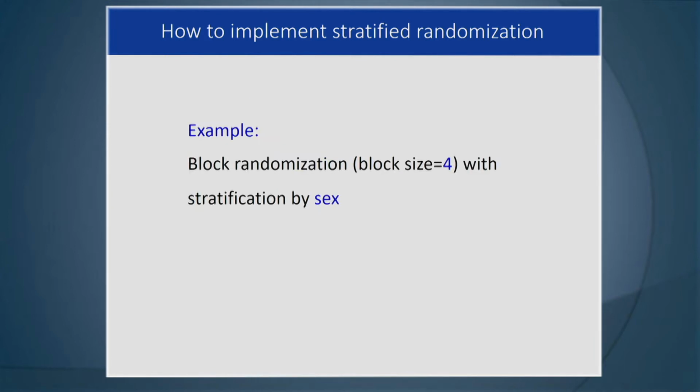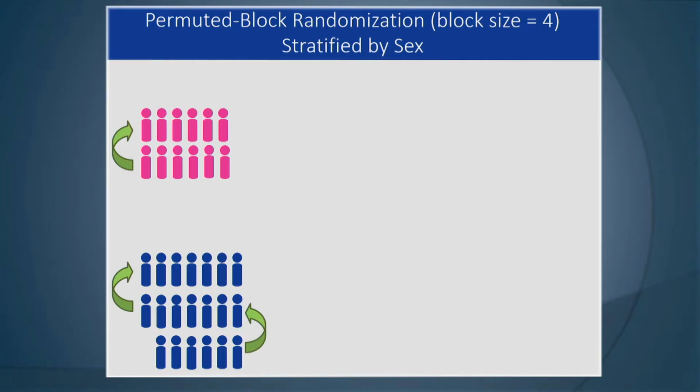So now let's say we do stratification by sex. How do we run this? Well, that's what we're going to do. So this is permuted block randomization, block size of 4, stratified by sex. We have the same 32 participants that we had before, but now we're just going to separate the women from the men. And separate is all virtual, where we're not separating anything. This is only virtually in terms of programming.